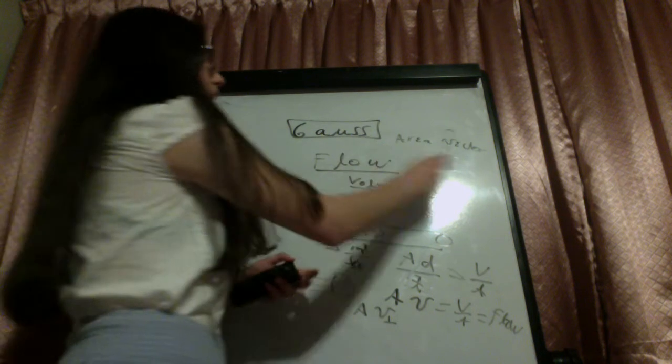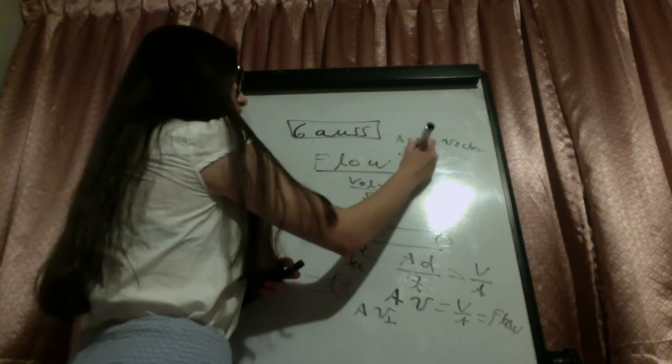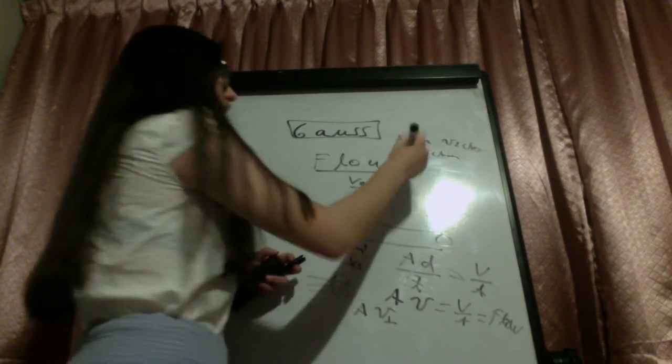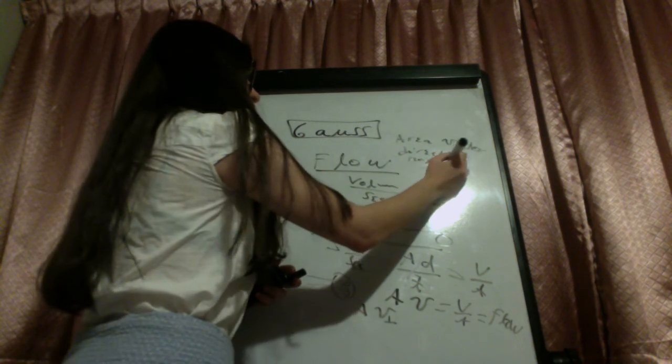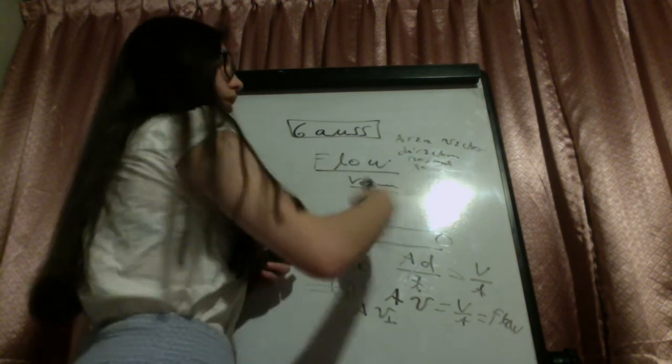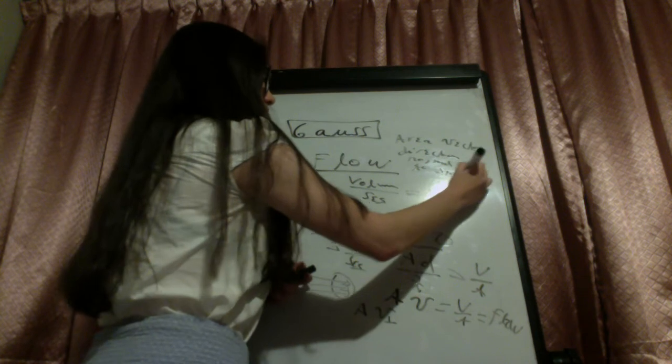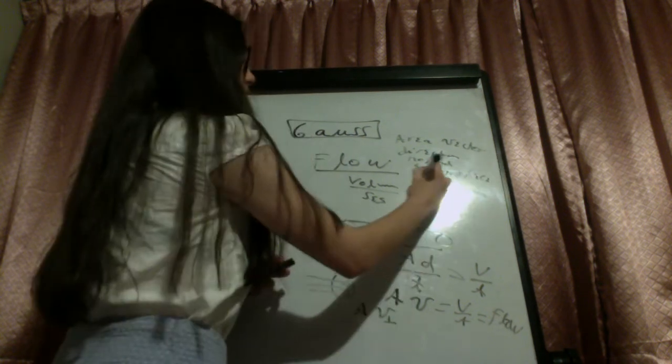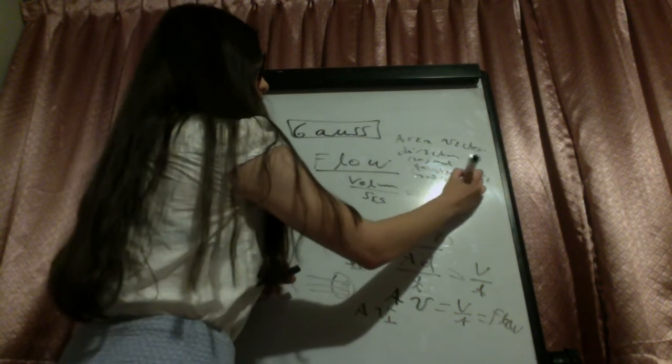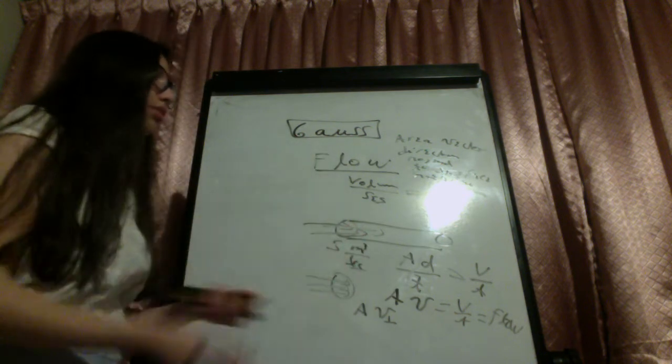So the area vector has the direction that is normal to the surface, and the magnitude is the magnitude of the cross-sectional area.